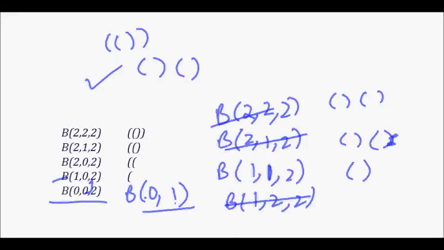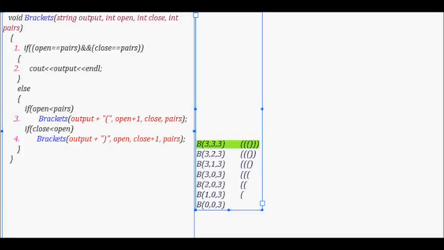We can try out with 3 also. Let's quickly see that for 3. Because you have understood it for 2, it will be easier for 3. So we start with 0 comma 0 comma 3. The code is also there, so it will be easier. I come here, I go to 0 comma 0, open is 0, close is 0.